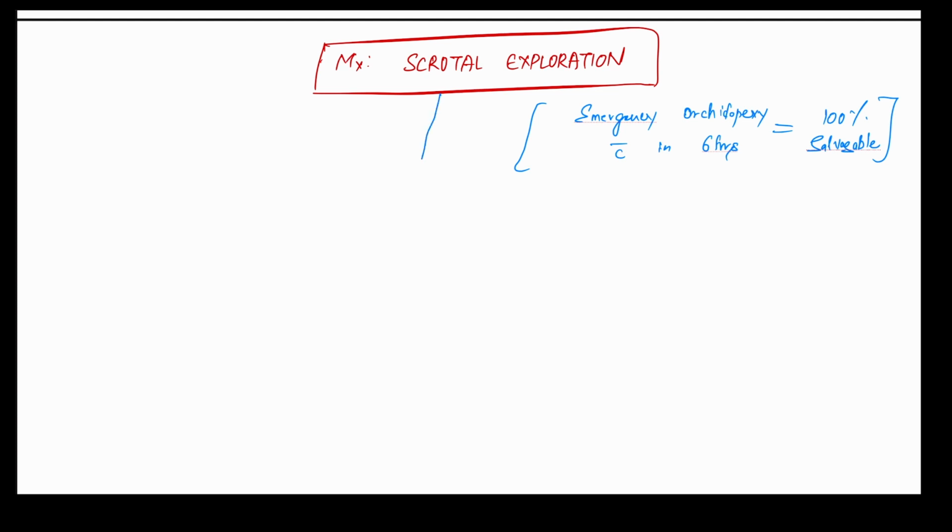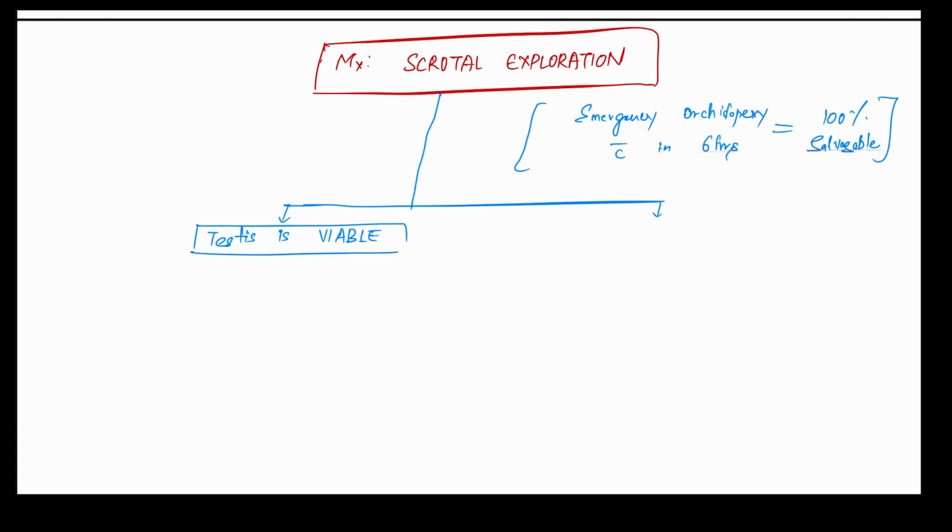On looking at the testis, if the testis is viable, we can detort the testis, that is, untwist the spermatic cord.